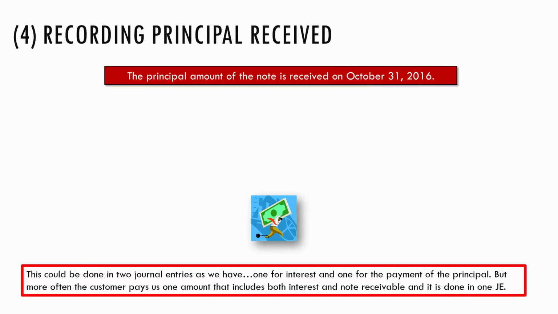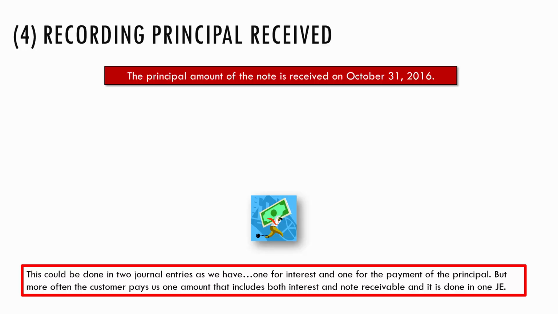brought into our company. Now, along with them paying this 6,000 in interest, they're also going to pay off the note. And sometimes you see that transaction which we had previously recorded with this transaction in one big journal entry, because probably what's going to happen is this customer is going to either transfer funds from a bank account to our bank account through some sort of a wire transfer, or they're going to write a check or a cashier's check for the amount.